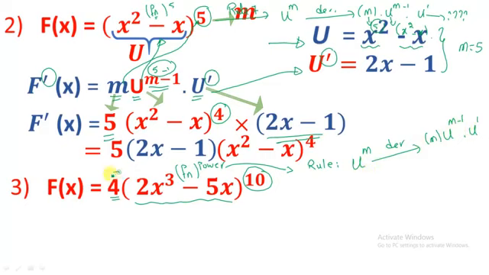But you see here 4. Don't be afraid. It is a constant, so if I have a constant, any number, multiplied by a function raised to a power, how can I find its derivative? It is so simple. I put the constant and multiply it by the rule.